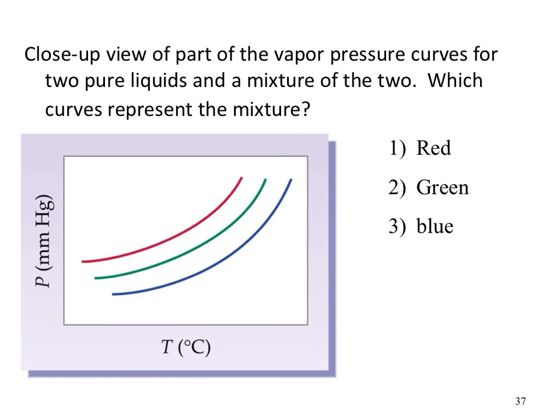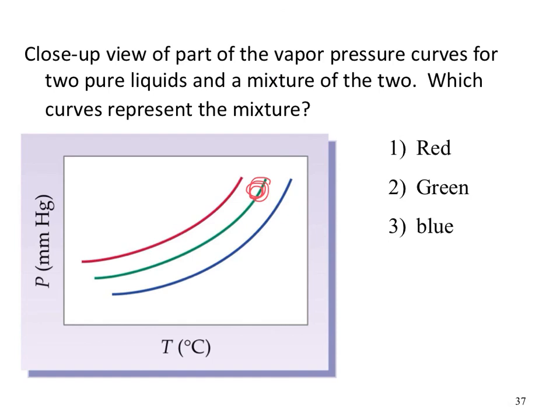The question is that this is a close-up view of part of the vapor pressure curves for two liquids and a mixture of the two. Which curve represents the mixture? Like we were saying, the mixture is going to be in between the two, so it's going to be this green one, which will be due to the presence of the volatile solute this time.